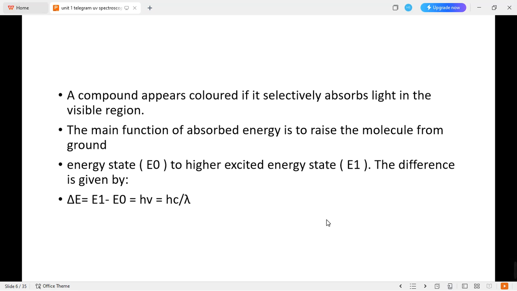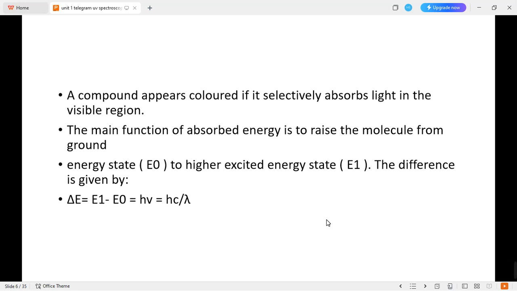The main function of this absorbed energy is to raise the molecule from the ground energy state to a higher excited energy state. The difference of these energies, from ground state to excited state, is given as delta E equals E1 minus E0 equals hv equals hc by lambda.